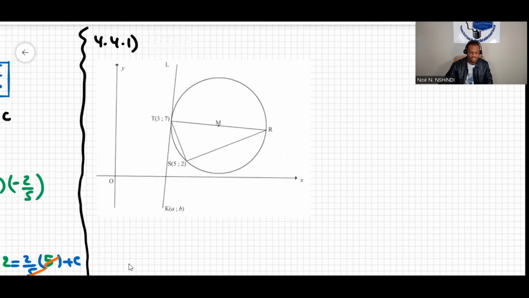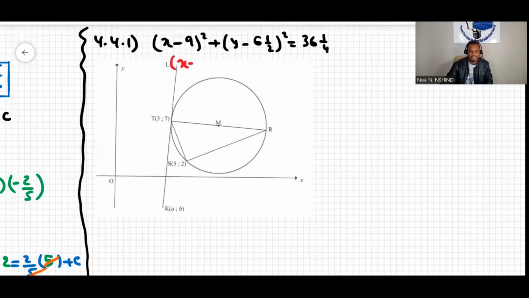In the question, it is said that the equation of the circle is given by (x minus 9) to the power of 2 plus (y minus 6.5) to the power of 2 equal to 36 and a quarter. The general form of the circle is (x minus a) to the power of 2 plus (y minus b) to the power of 2, and this is equal to r squared.